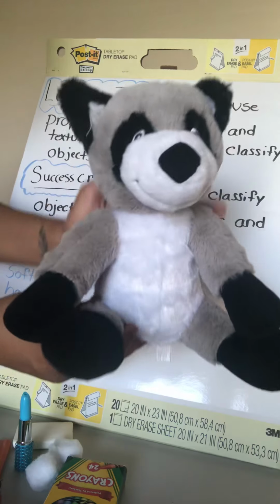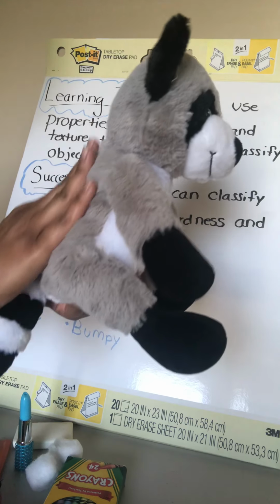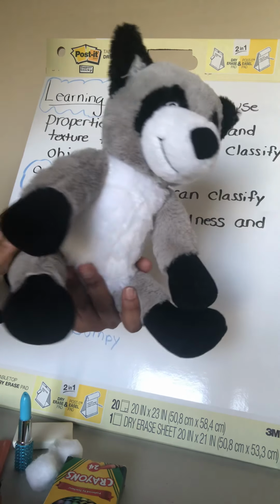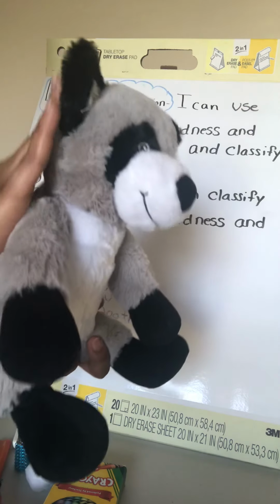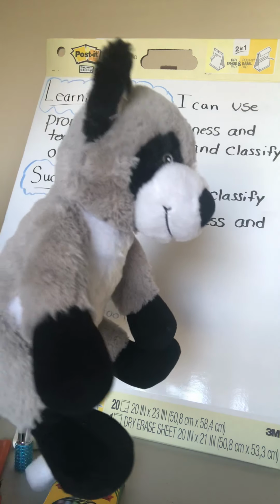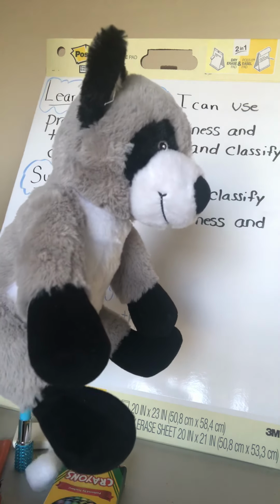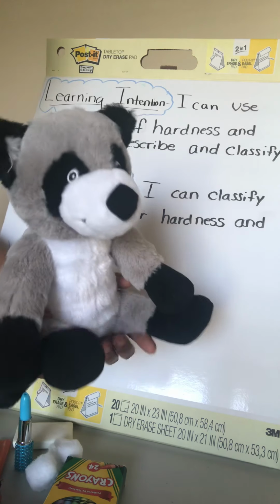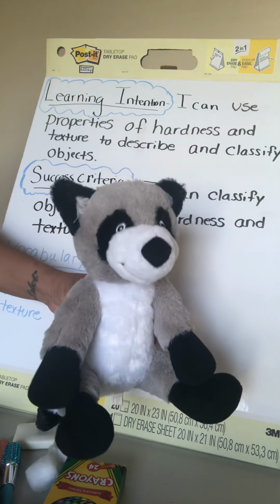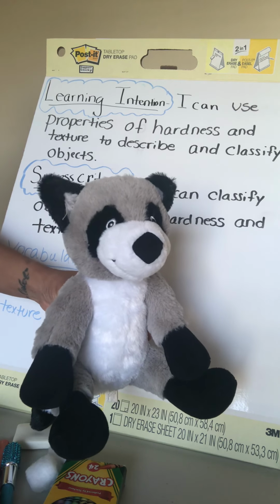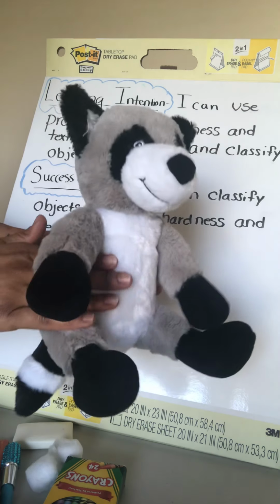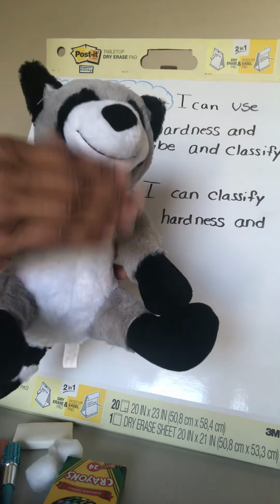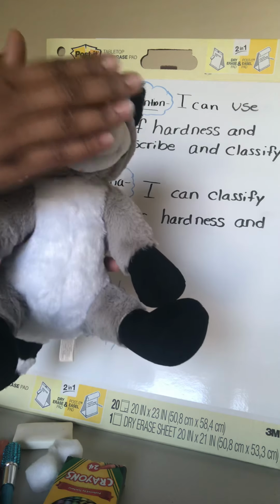I have a stuffed animal and I'm feeling it. Is it rough, smooth, bumpy, hard, or soft? Correct. A stuffed animal is soft and it's smooth.